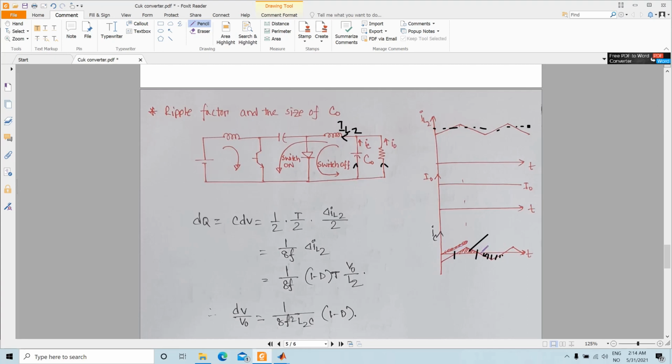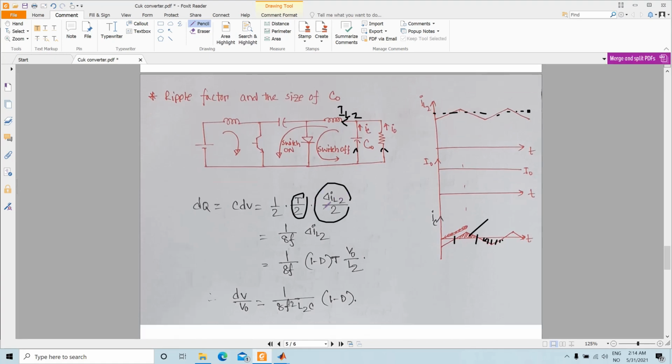You have done this calculation in the previous converters. This part is basically T by 2. So we have T by 2 here. So half T by 2, half is for the area of the triangle, T by 2 is the base, and the height is basically half of the ripple peak to peak value, so half of this delta IL2.